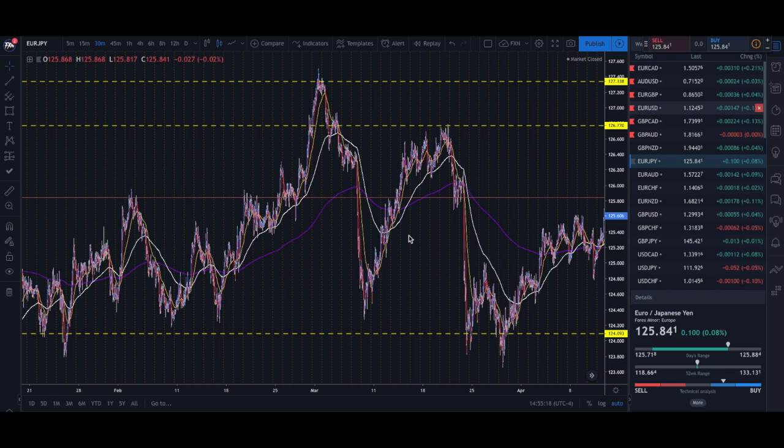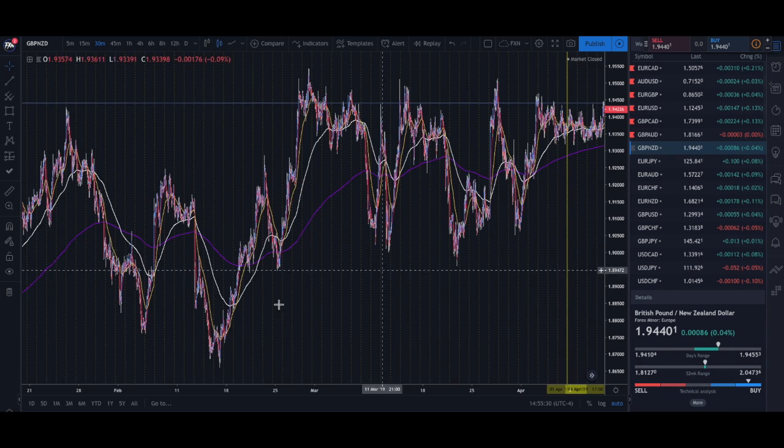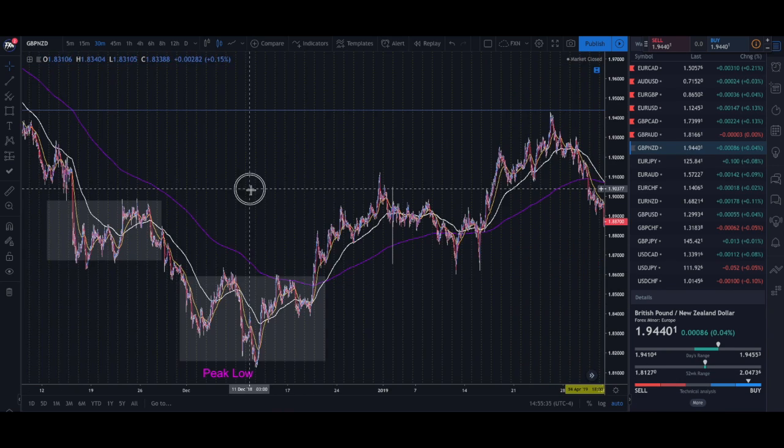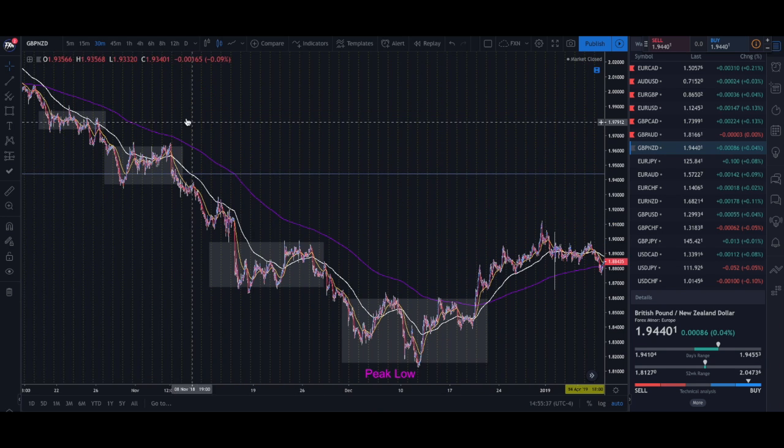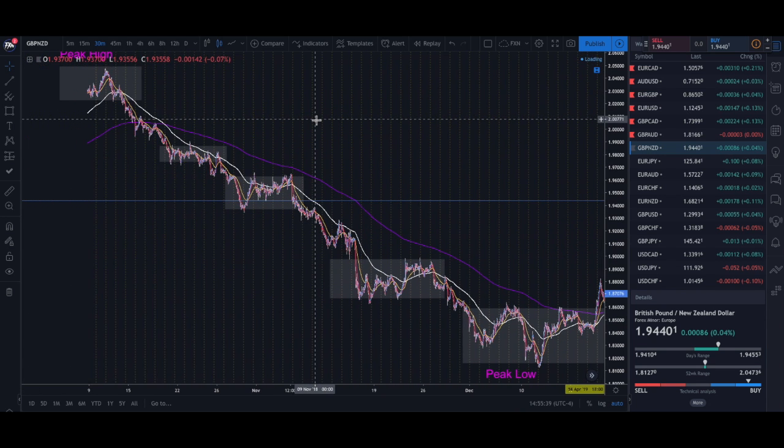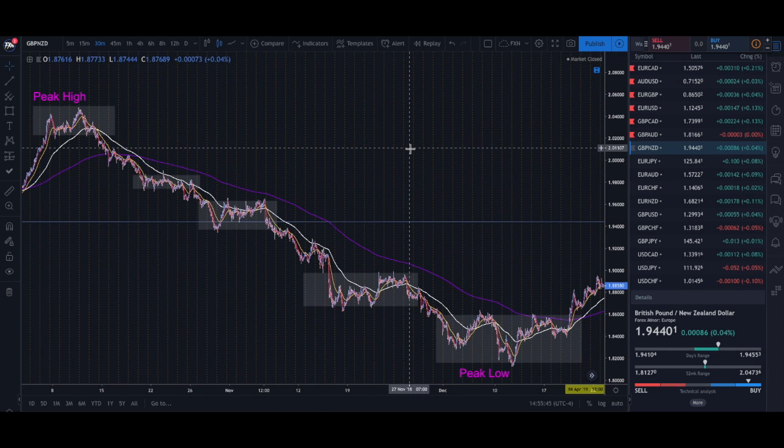In my videos, I talk about using the EMAs for directional bias to help us in our trading. So what I'm going to do is really break this down as far as when you should use them for directional bias, and when it is okay to use EMAs as take profit points.